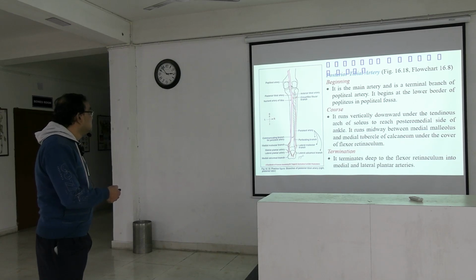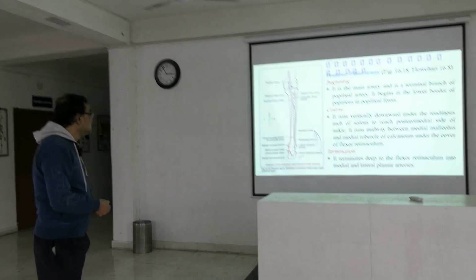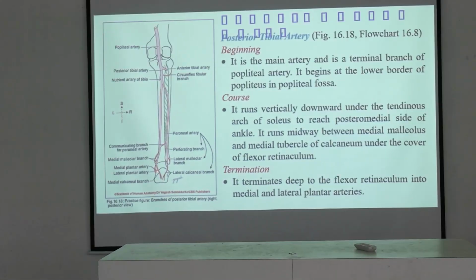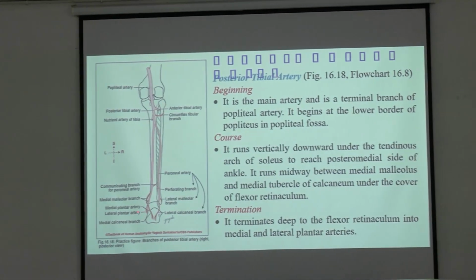You can see this is the popliteal artery which divides into anterior tibial and posterior tibial. Here is a gap in between the interosseous membrane and the neck of the fibula, from where this anterior tibial artery moves. And from here we are getting the posterior tibial artery which divides into peroneal, and this is the continuation of the posterior tibial vessels which divides into medial and lateral plantar arteries, okay.